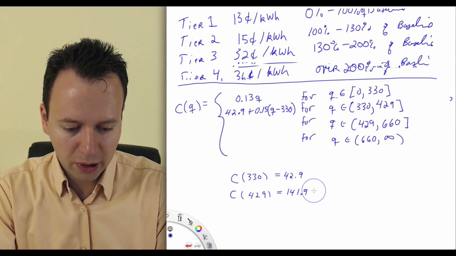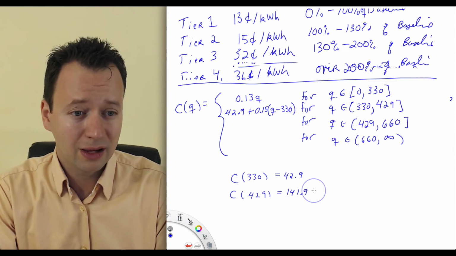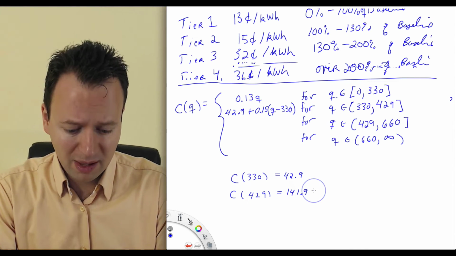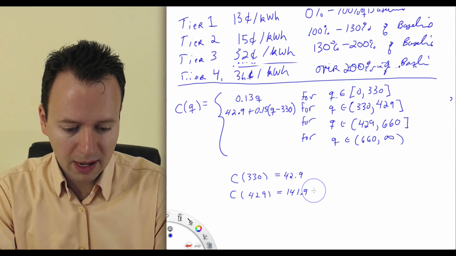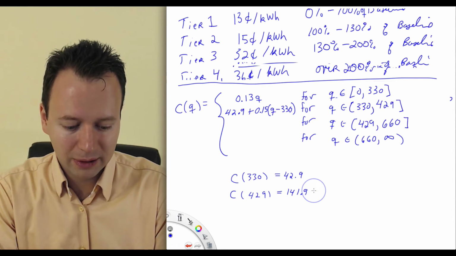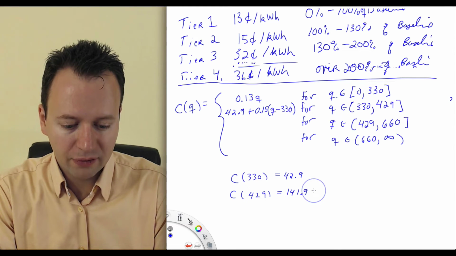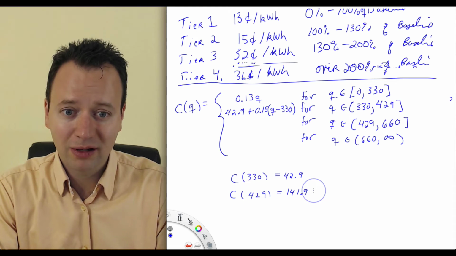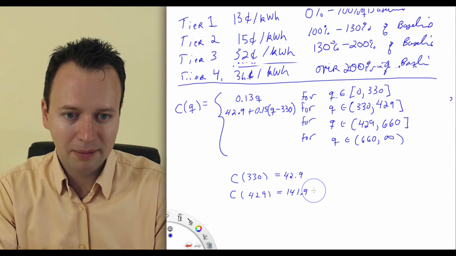330 times 1.3 is 429. Okay, 429 is the right number. That's only 30% over. Maybe I typed it in wrong. 429 minus 330, let's do it carefully, 99 times 0.15 is 14.85. I see. Somehow I must have left out that 0.15 when I typed it in.